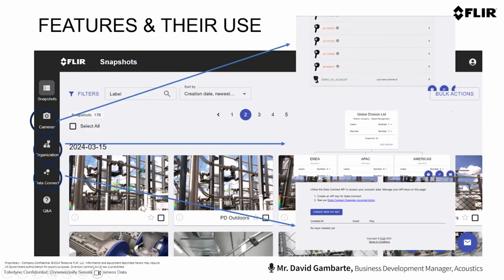And then we go to Data Connect. This is something my colleague Abraham will talk a little more about, but it is related to API data integration. If you want to mention something, Abraham? Yep. Basically, Data Connect is an enhanced tool for an API. It means that some data from the cameras can be retrieved without necessarily going through our cloud.